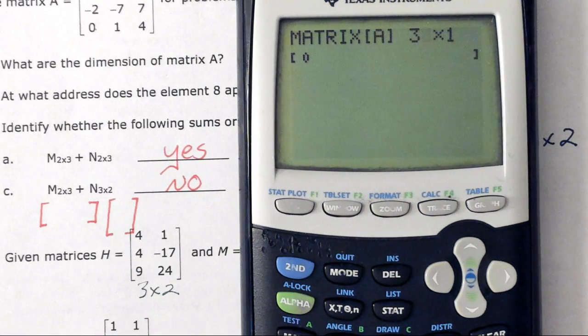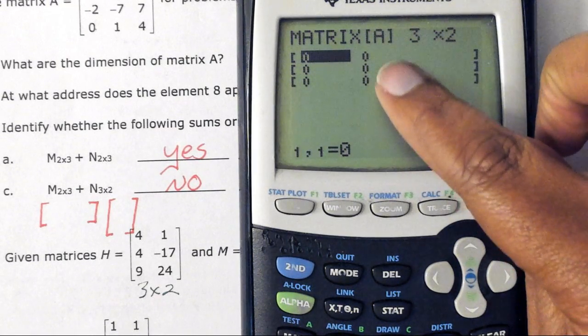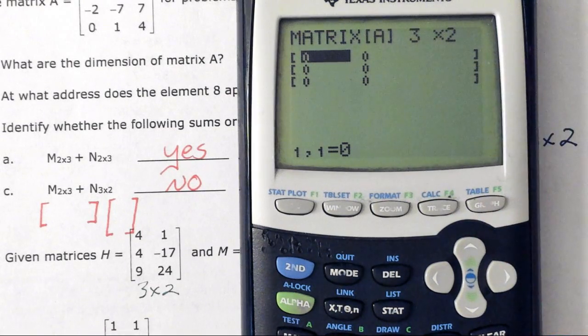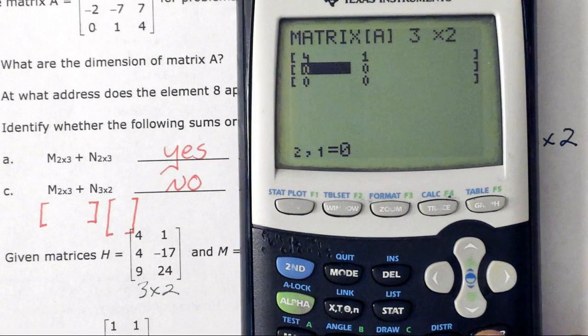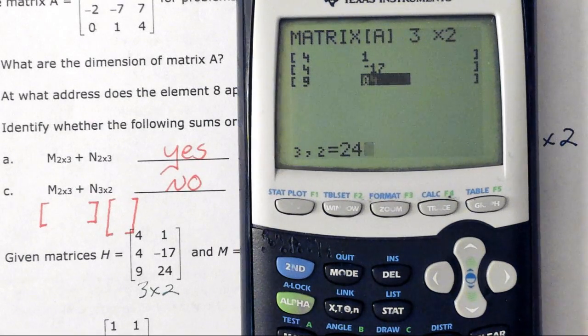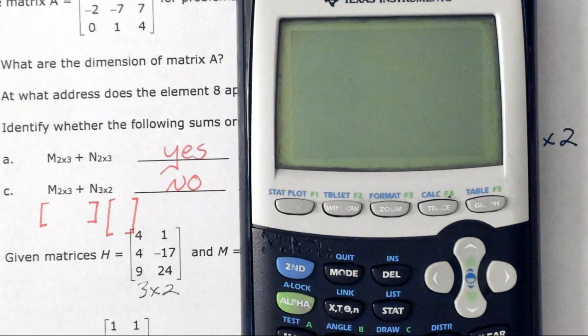So 3, enter 2. If I'm not sure if I'm doing this correctly, the calculator will definitely let me know, because you won't see it match what you have on your paper. And now I enter my individual entries. Once my matrix is entered, I press second mode to get out.